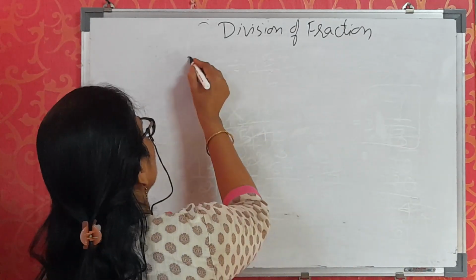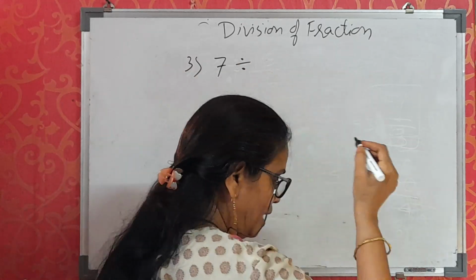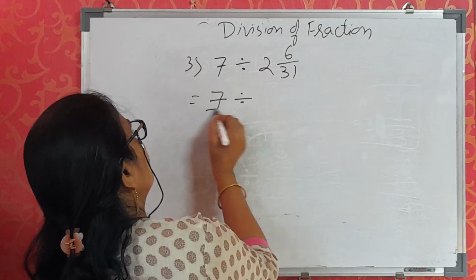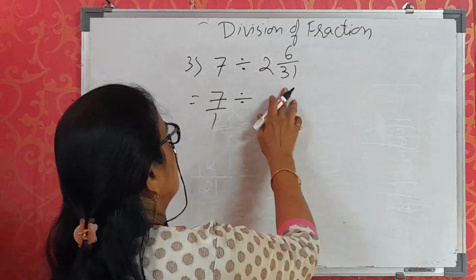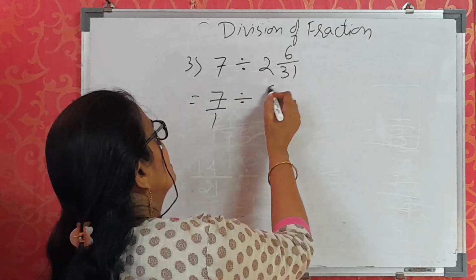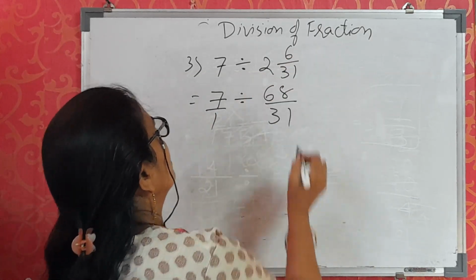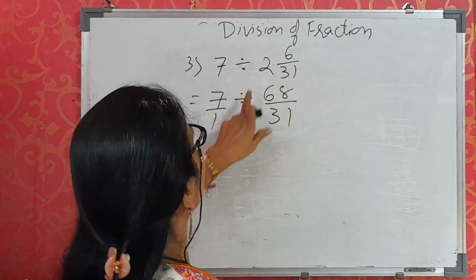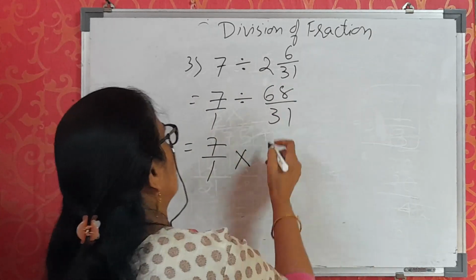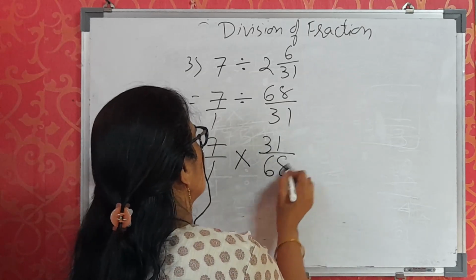Now the third sum is 7 divided by 2 integer 6 upon 31. So it would be 7 with denominator 1. 31 2s are 62 plus 6, 68 upon 31. Now we have converted, after that the multiplicative inverse, multiplication, 31 upon 68.